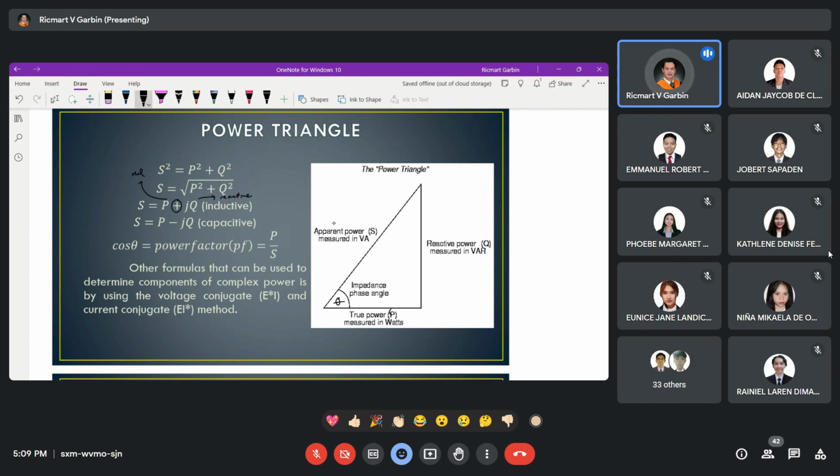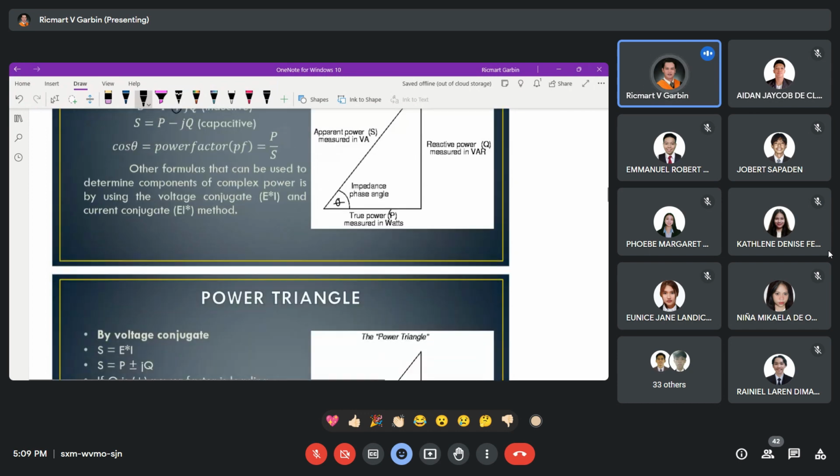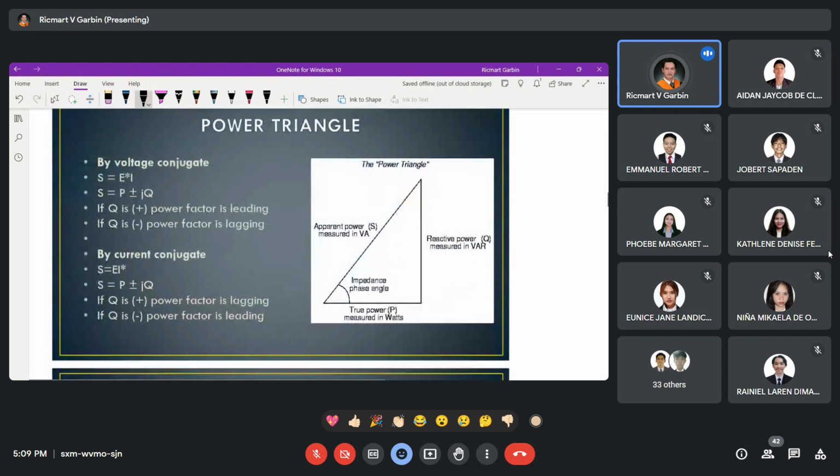So, other formulas that can be used to determine the components of complex power is using the voltage conjugate and the current conjugate method. So, ito po yung ating power triangle. By voltage conjugate, kapag ang S is equal to E conjugate I, ang S natin is magiging P plus minus jQ.